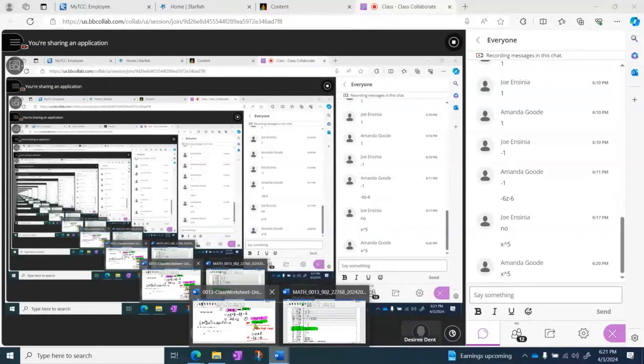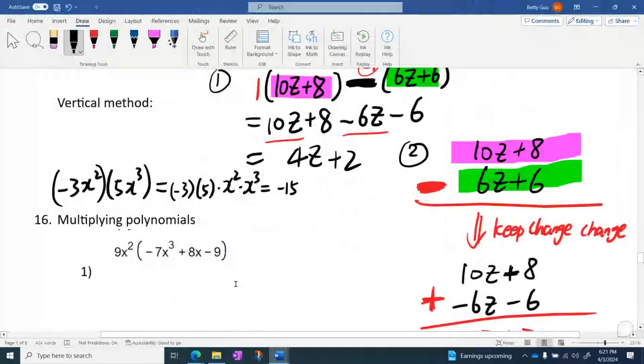That's the first formula we learned, right? It's called the product rule. When we multiply two exponential expressions with the same base, we keep the base and add up the two exponents. 2 plus 3 is 5. And that's it. Very straightforward. I believe you can do it, right? That's how we multiply two monomials.